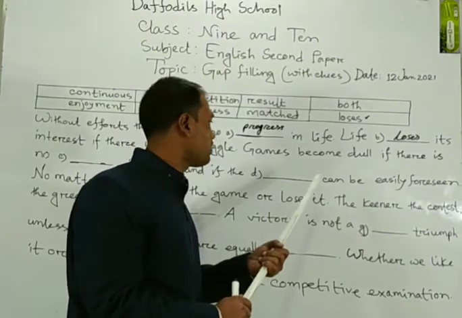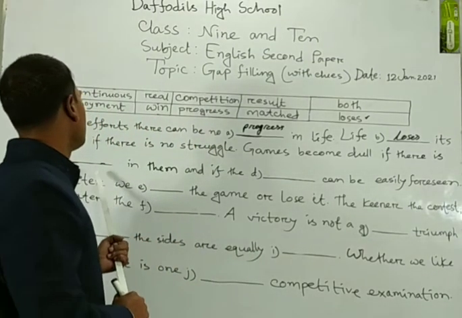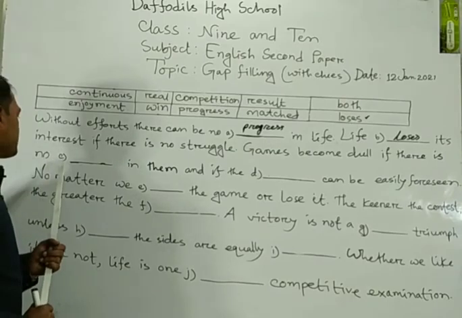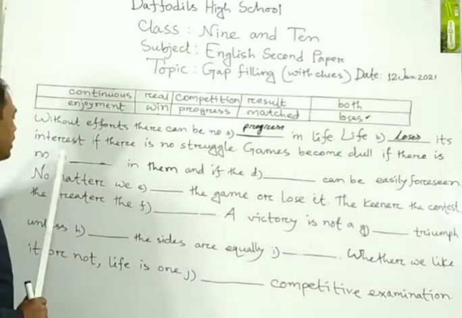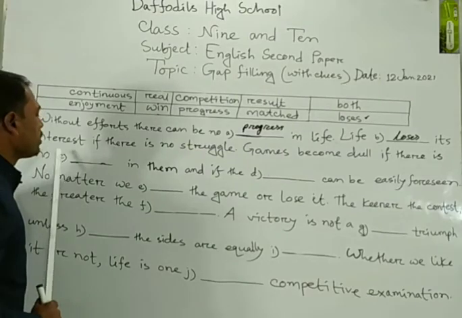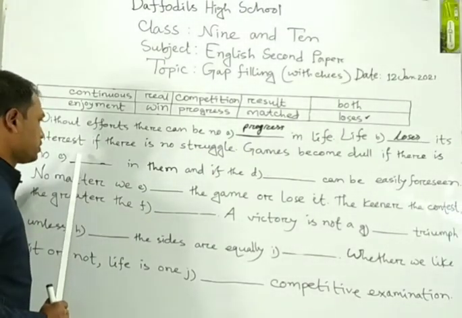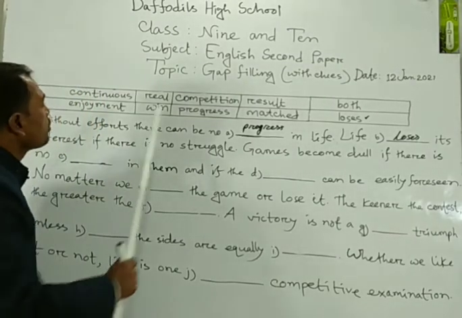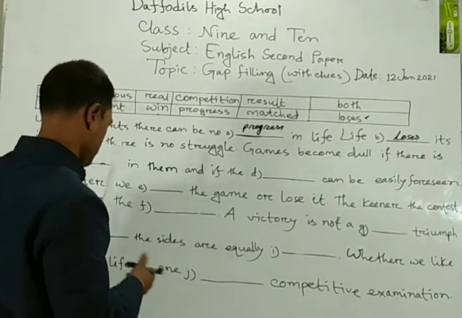Games become dull if there is no dash. As I have said in the previous time that no is a determiner, and after this no we can use a noun. So we can use here the word competition.